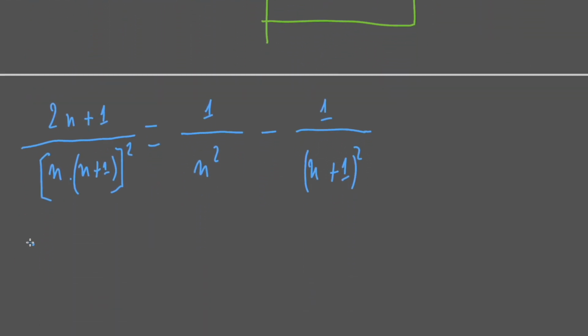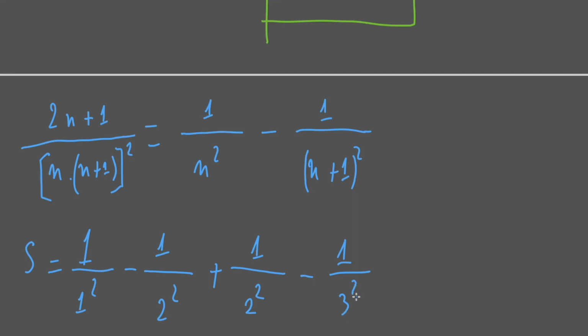So x will be equal to 1 over 1 square minus 1 over 2 square plus 1 over 2 square minus 1 over 3 square, and so on, to the last item, this is 1 over 2024 square minus 1 over 2025 square.